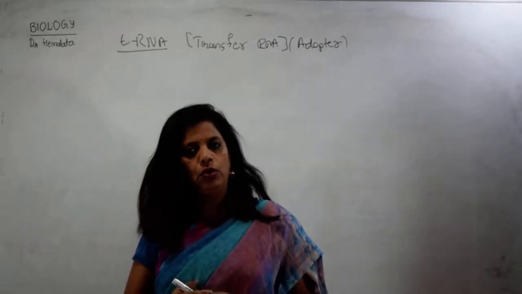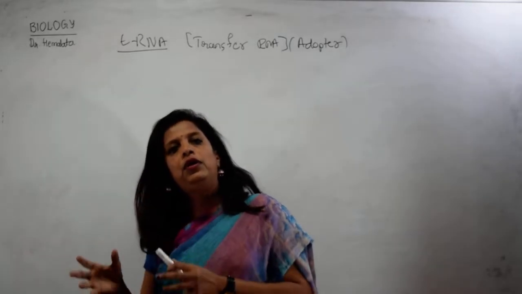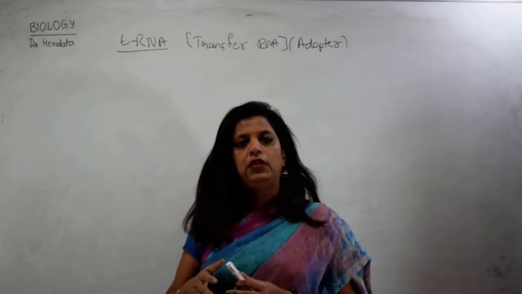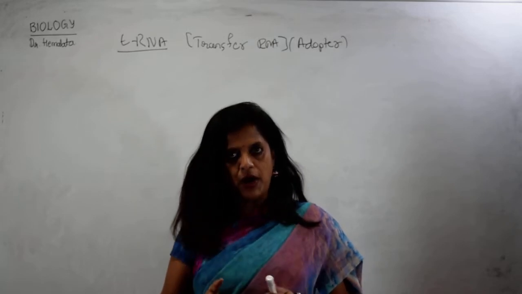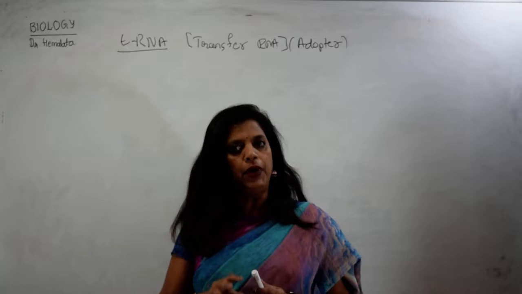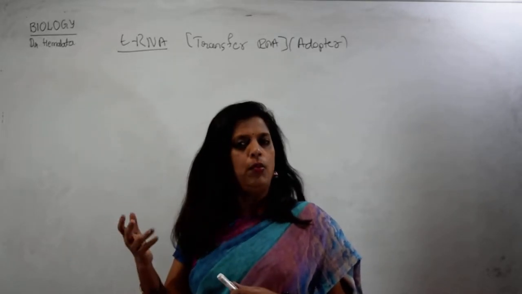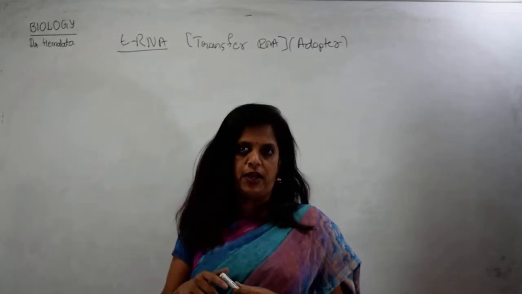Because you already know that in protein synthesis, during translation, the messages of the mRNA are read three at a time as a coding language, the triplet codon language, and are translated to amino acid language by transfer RNA.